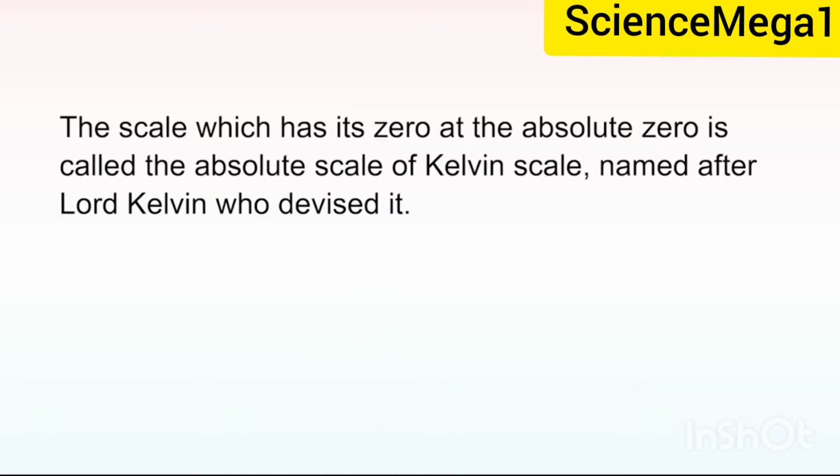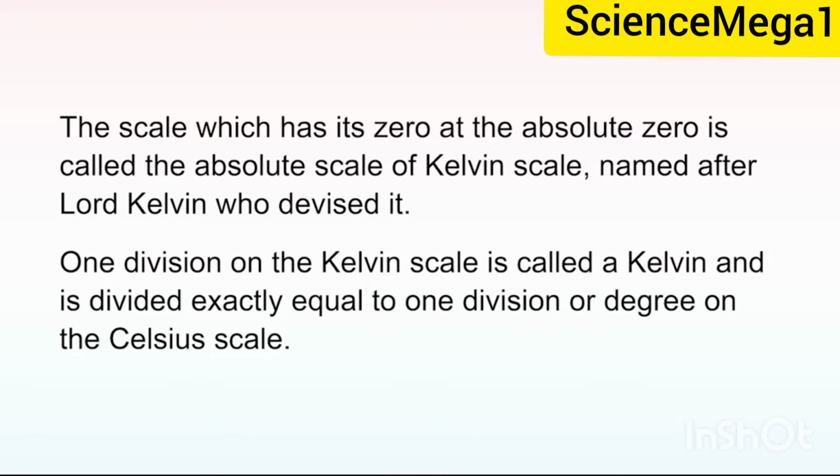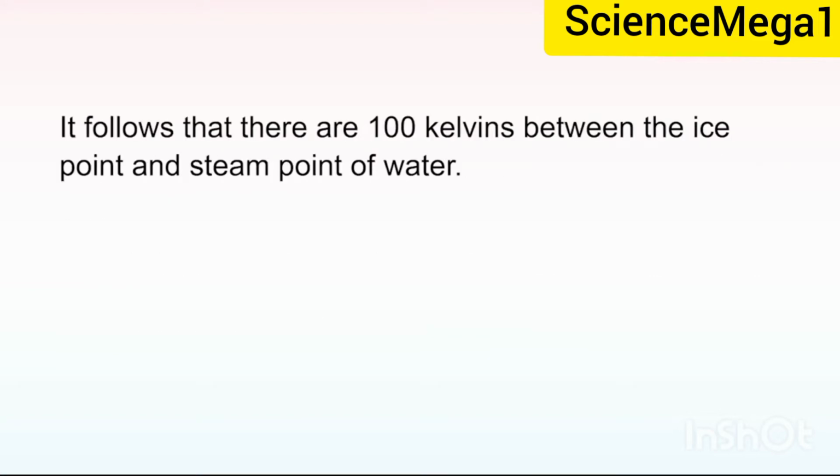The scale which has its zero at absolute zero is called the absolute scale or Kelvin scale, named after Lord Kelvin, who devised it. One division on the Kelvin scale is called a kelvin and is exactly equal to one division or degree on the Celsius scale. It follows that there are 100 kelvins between the ice point and steam point of water.